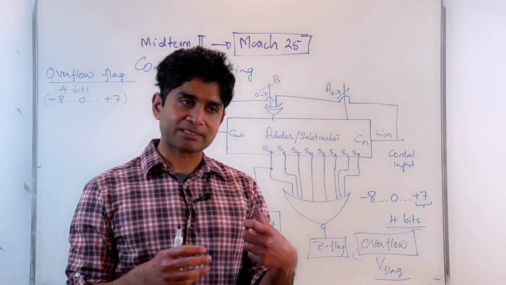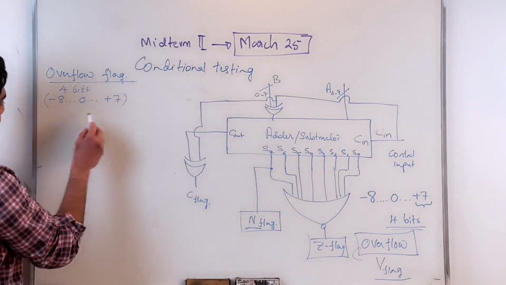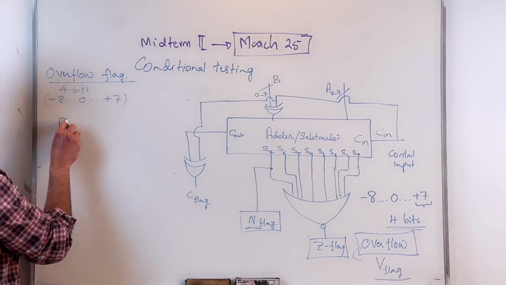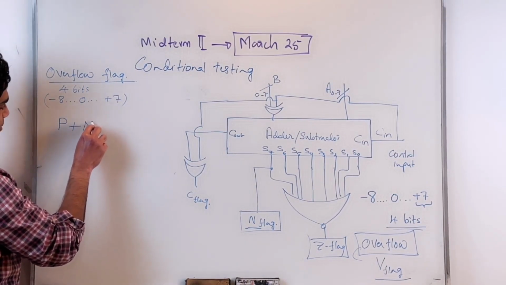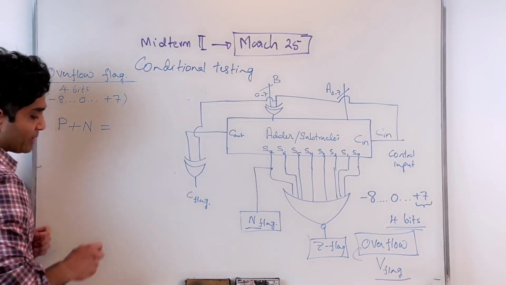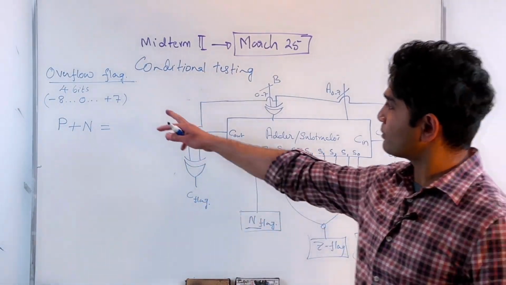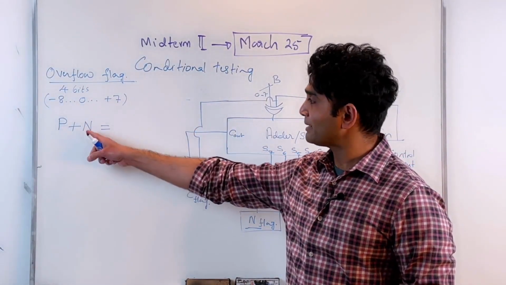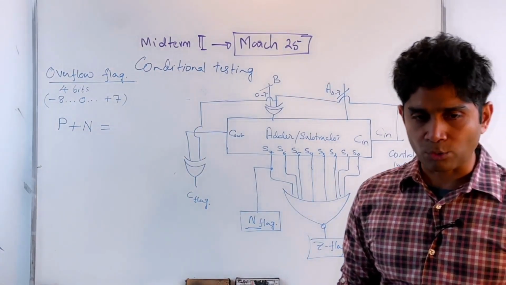When can we actually expect an overflow to occur? Let's say I take a positive number from this range and to that I add a negative number, will that ever give me an overflow? I take any positive number from that, to that I'm adding a negative number from the same range, will that result in an overflow?